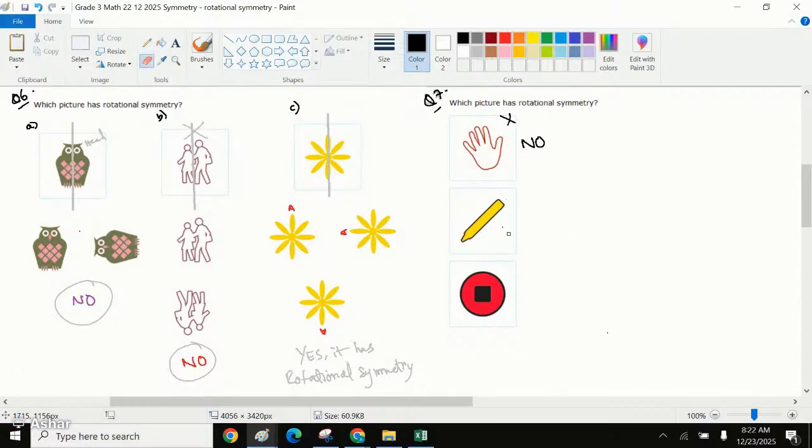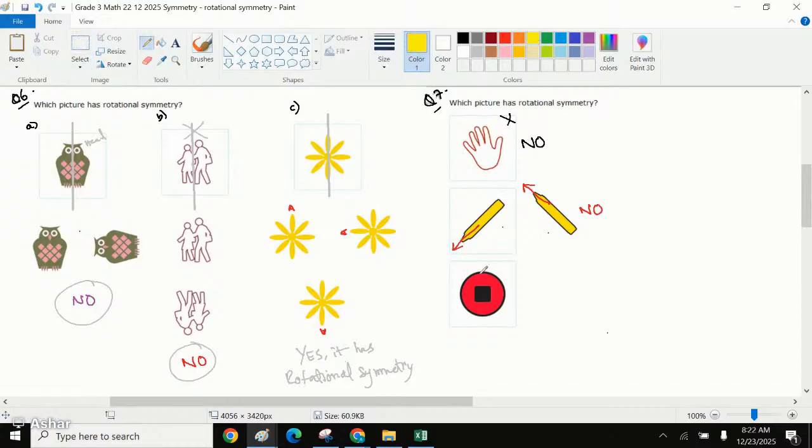A crayon we have, but it's diagonal over here. So if we take this crayon and we try to rotate this, do both the shapes look exactly the same? No, they do not, because this is pointing downwards and it's going upwards, right? So still no. But what about the last one?